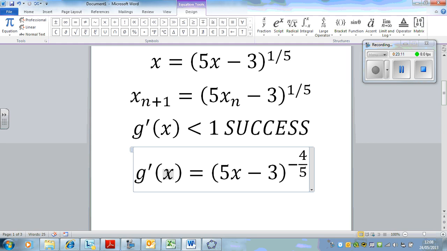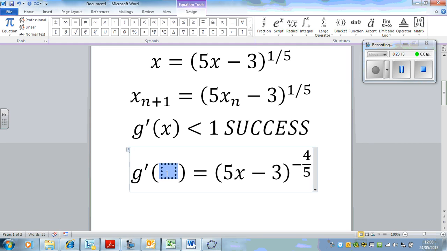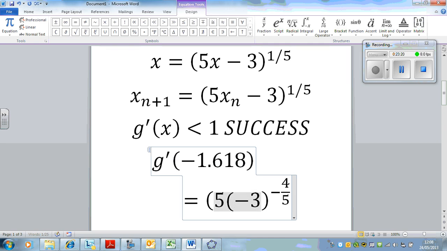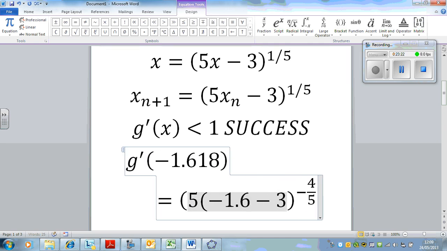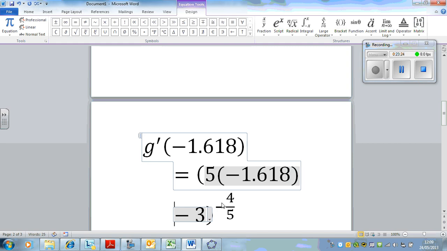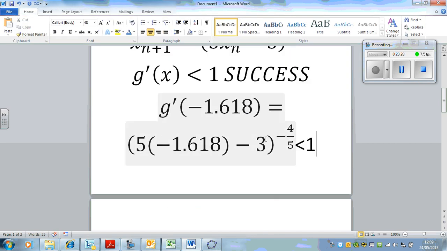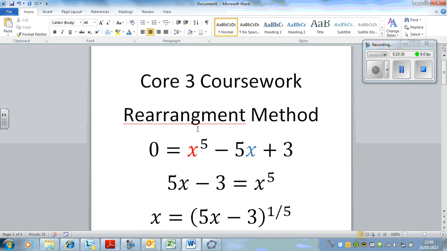And you can now see that if we put g dash of -1.618, which is what we got it as, you can show that that is going to be less than 1.